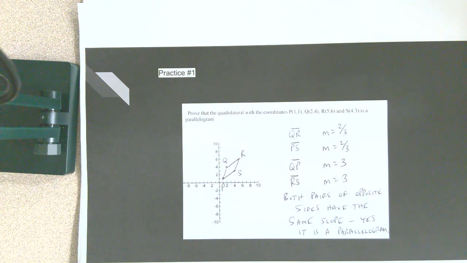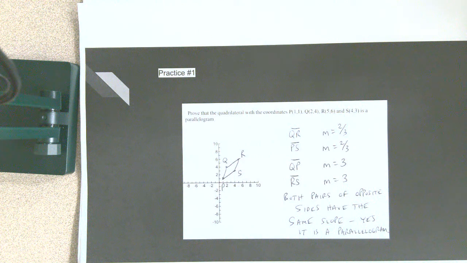I think it's real important that you understand how to state your explanation on these. Okay, we're focusing on the sides being parallel. So when you're making your statements, it's important that you make your statements about the sides. Does the slope tell us anything about the angles? No, so we're not going to say anything about the angles.